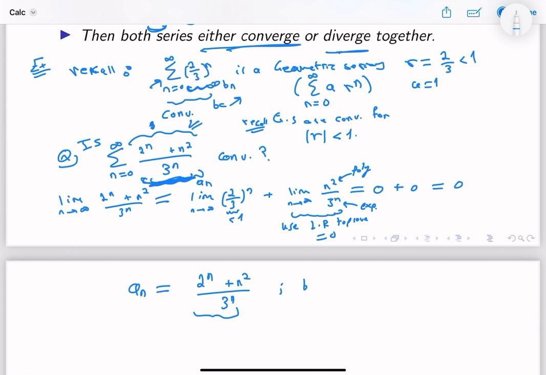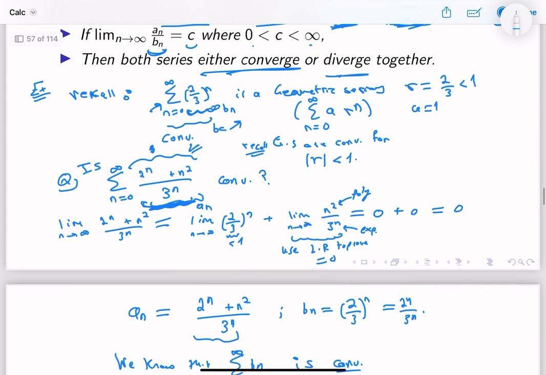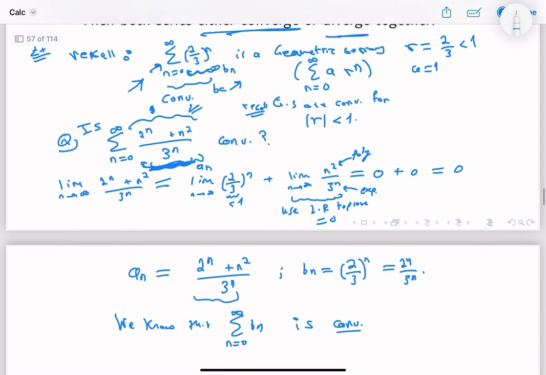Let us call b_n to be 2 to the n over 3 to the n. So we know that the sum of b_n from n equals 0 to infinity is convergent, because we discussed this. It's a geometric series with r strictly less than 1, and thus it's convergent.